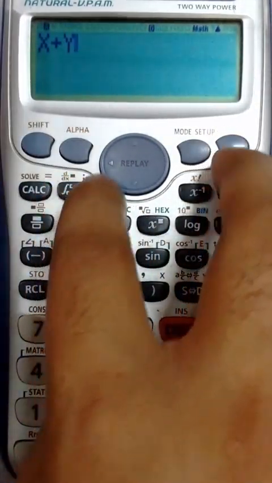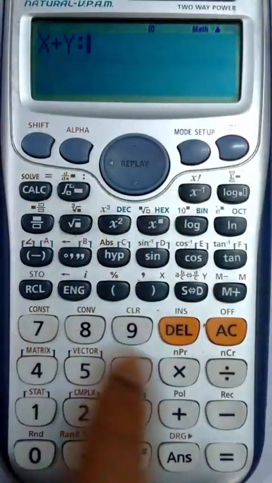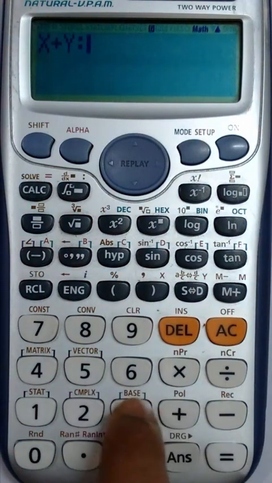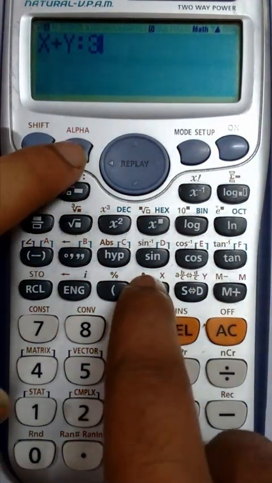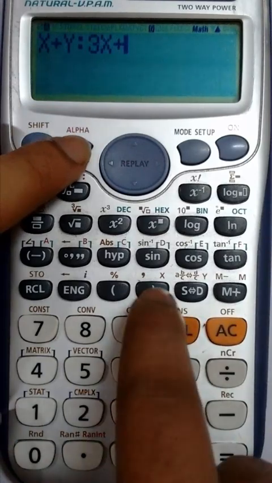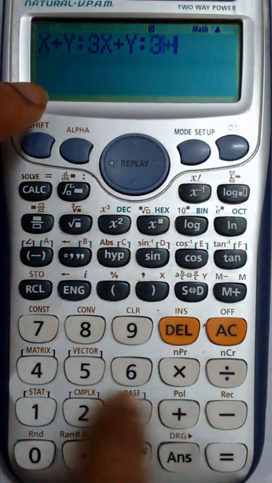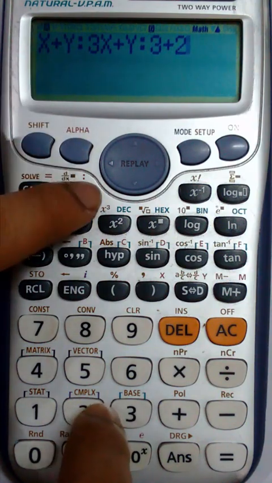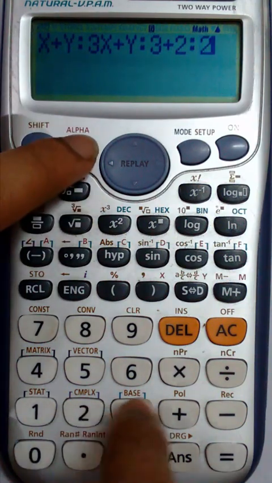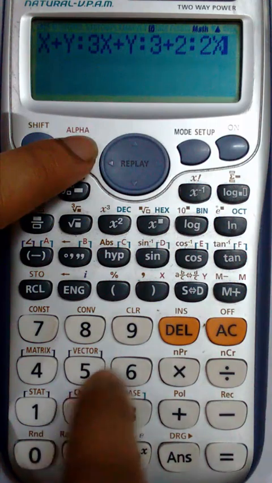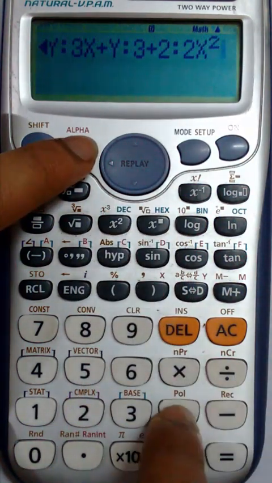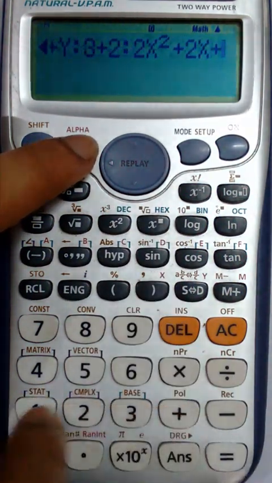Then 3 Alpha X plus Alpha Y, and then 3 plus 2 Alpha X squared plus 2 Alpha X plus 1.